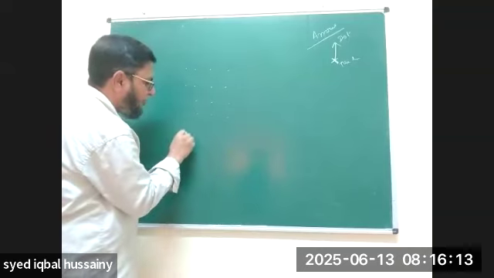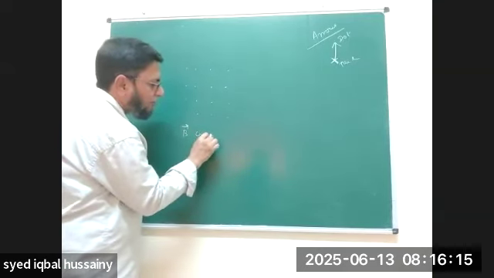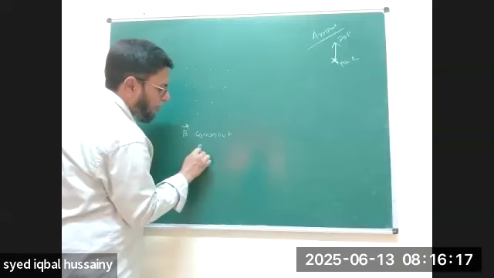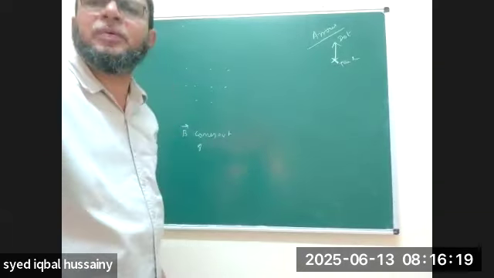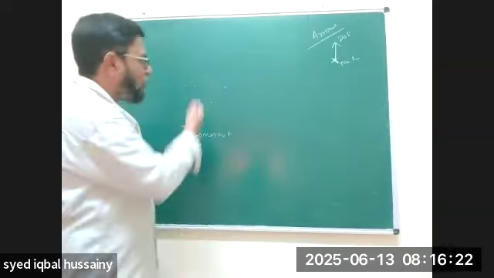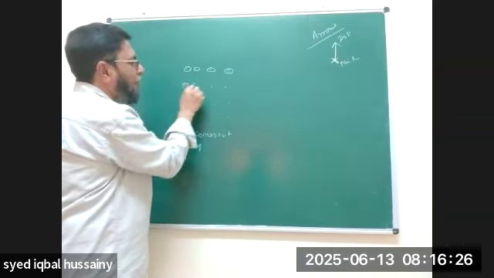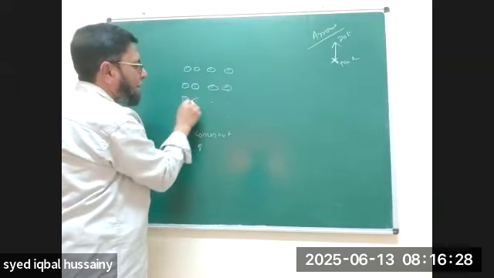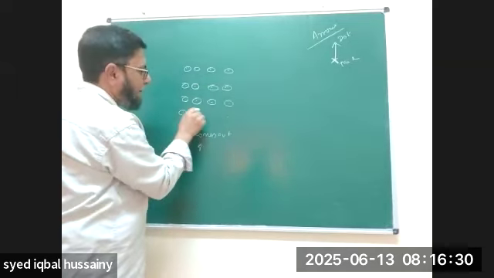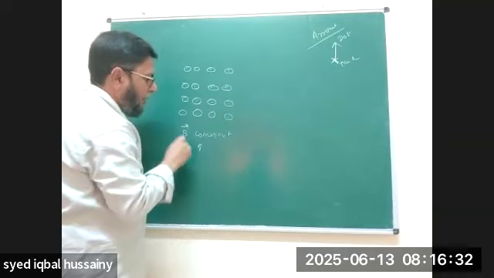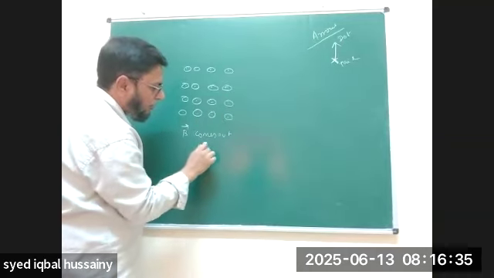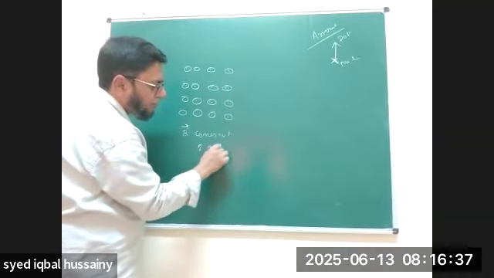Out of the paper means the question paper or answer paper, whatever you have. So the magnetic field line will be the dot.